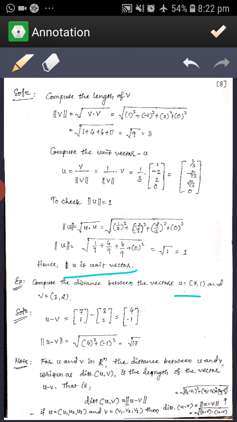u is a vector and v is a vector, and we want u minus v. Straight away, u minus v is (7-3, 1-2) = (4, -1). The length of that will be the square root of the squares of the elements.